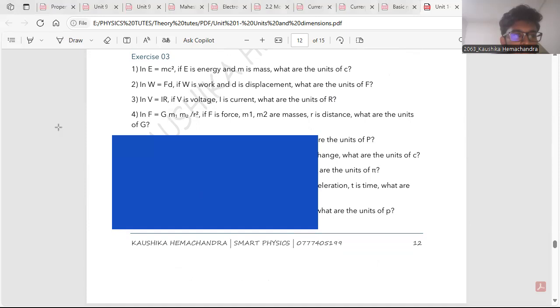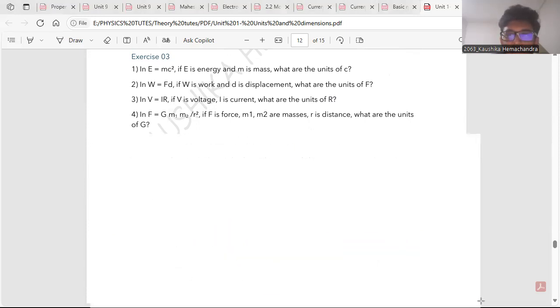So let's do the first question, but I think I will have to give you the units of energy. I don't know the units of energy. Energy is joules, but to find C. No, first we'll do this one. Second one, do the second one.